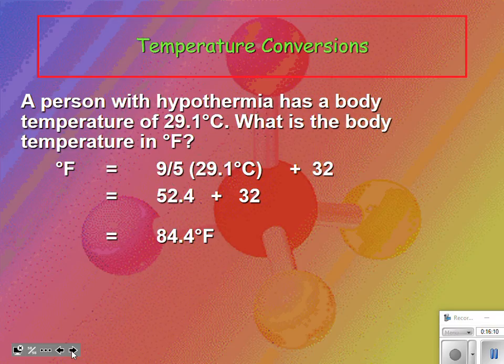A person with hypothermia has a temperature of 84.4 degrees Fahrenheit. Now, what's our normal body temperature? 98.6 degrees Fahrenheit. So hypothermia means that it is lower than our normal temperature.